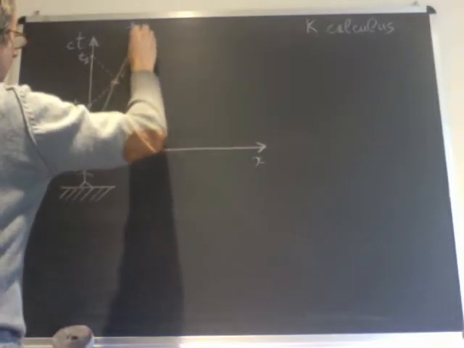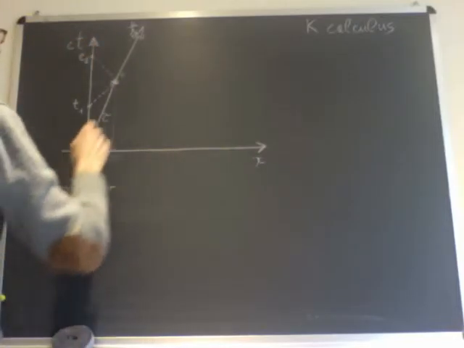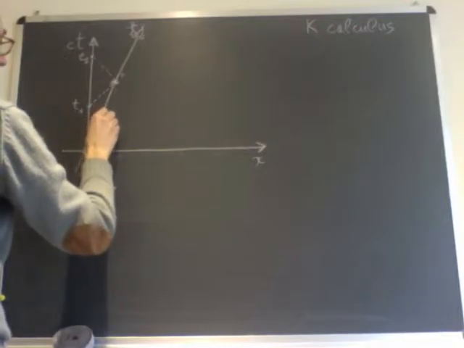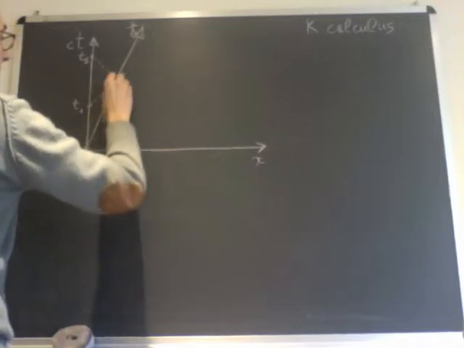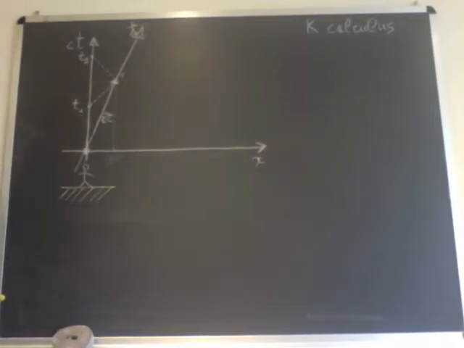But the time passing for him is not the same as the time passing for the terrestrial person. So let's call this distance, from here to here, c tau, where tau is the proper time on board of the rocket.